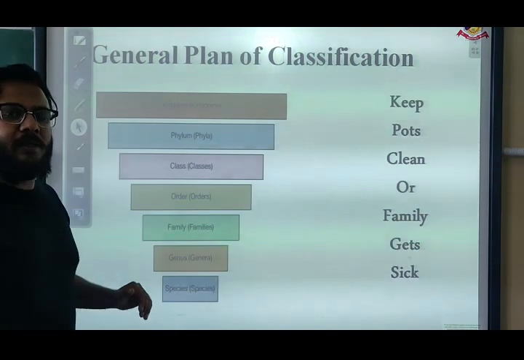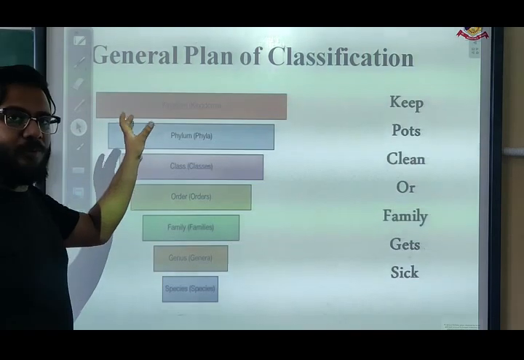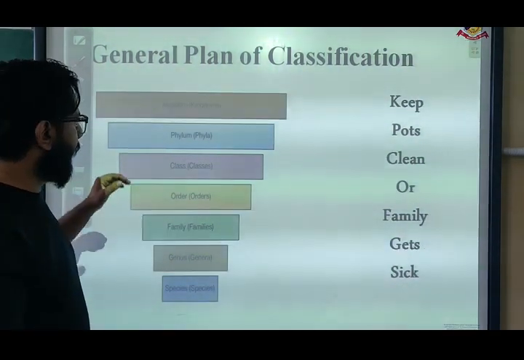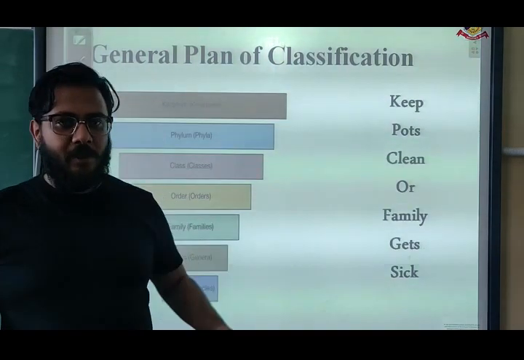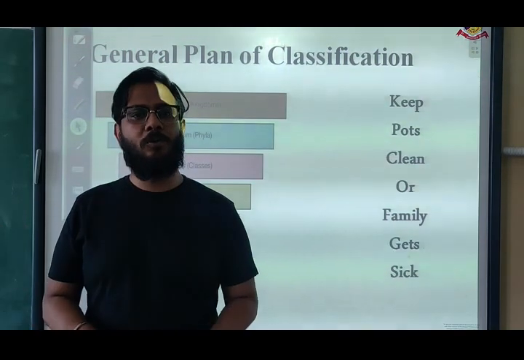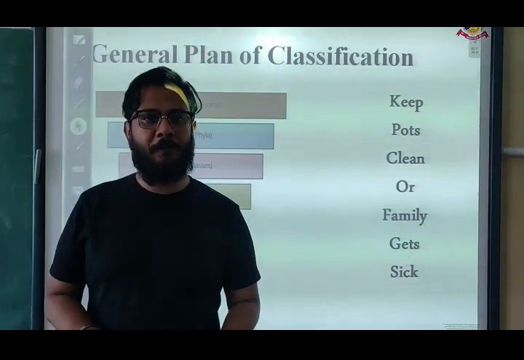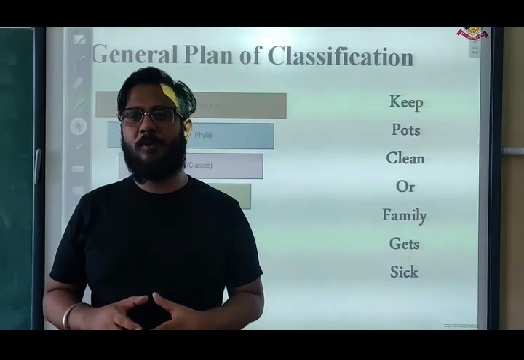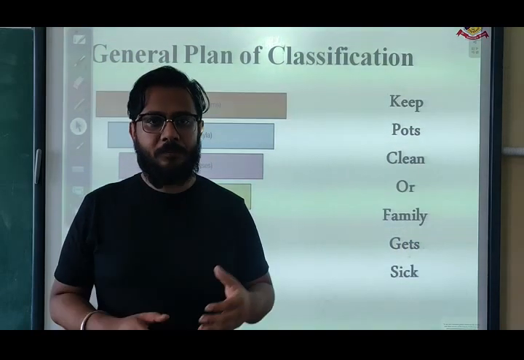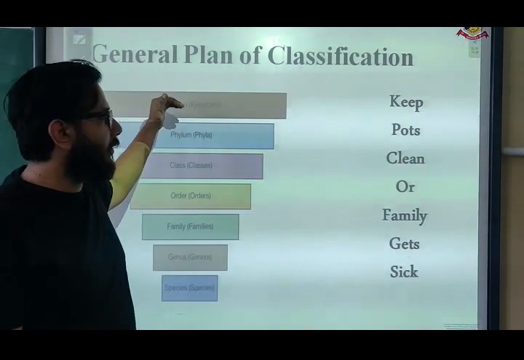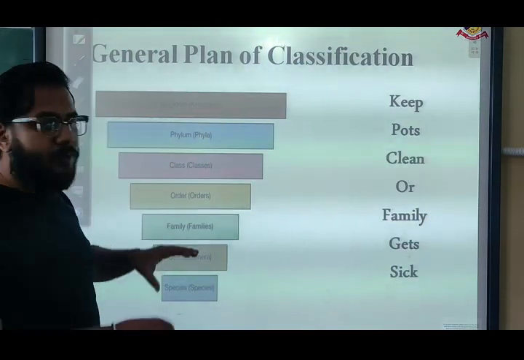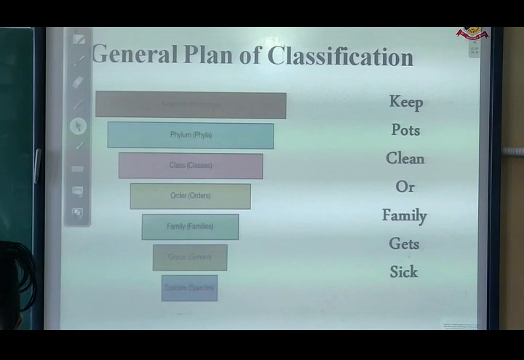Then after dividing that into kingdoms, like let's say we divide it into plants, then we move on to phylum. Okay, in phylum, plants can be divided into more groups. Okay, phylum are subgroups of kingdoms. Like for example, plants are divided into flowering and non-flowering. Okay, so first we go to kingdom, then we write the phylum, then we divide the class.